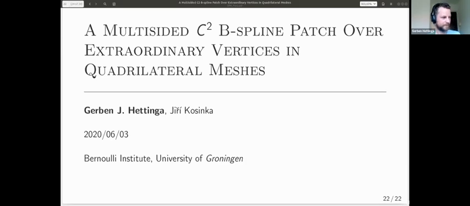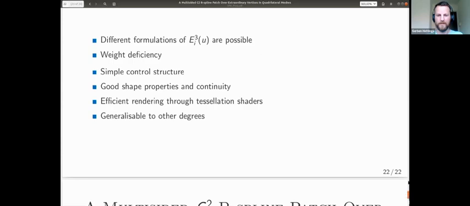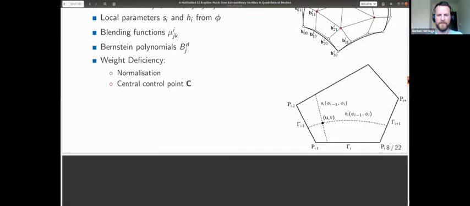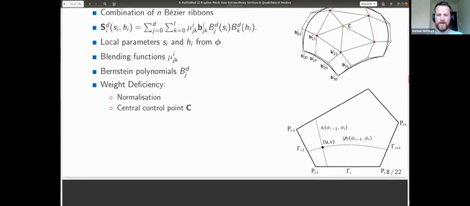So yes, the basis functions are using the GBCs. So they are constructed from these local parameters, SI and HI, which are made from the GBCs. And those are then used to construct the basis functions locally.